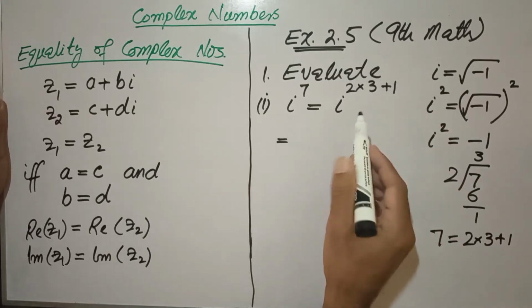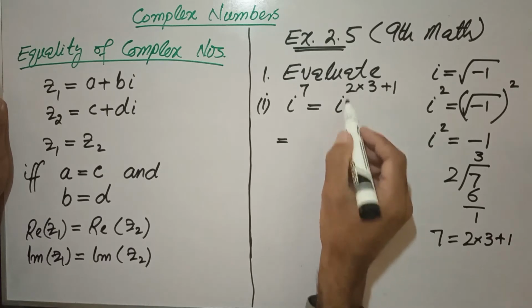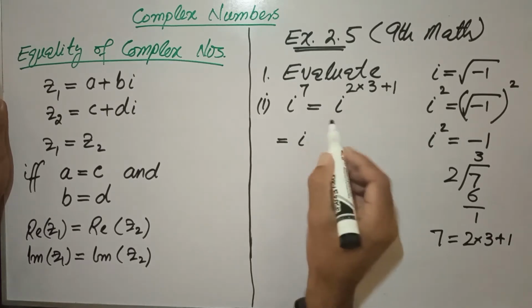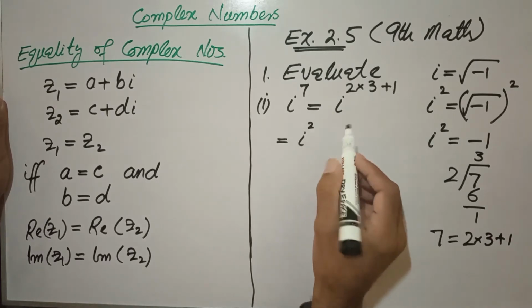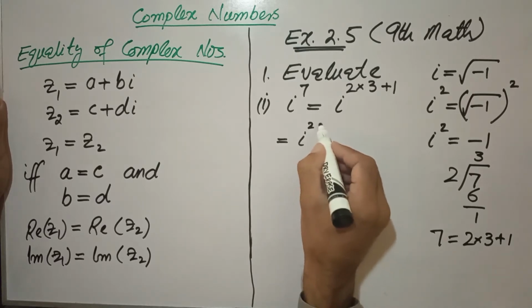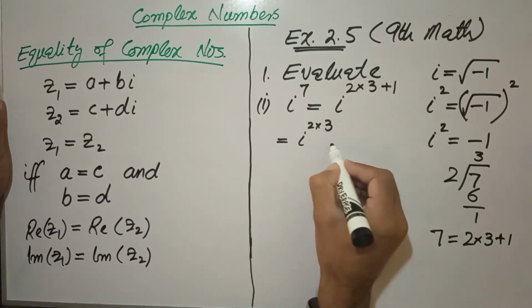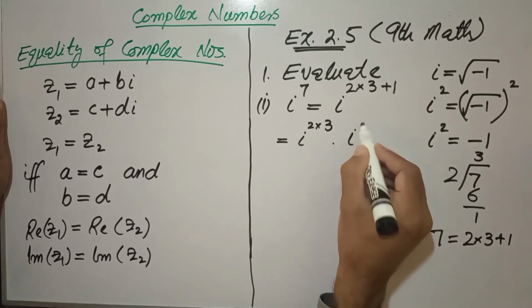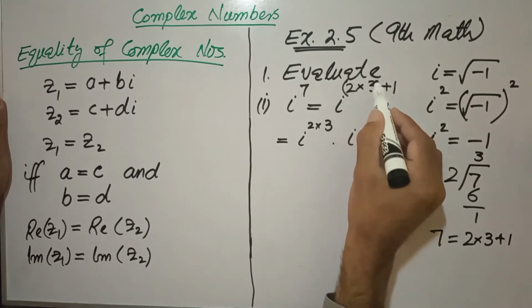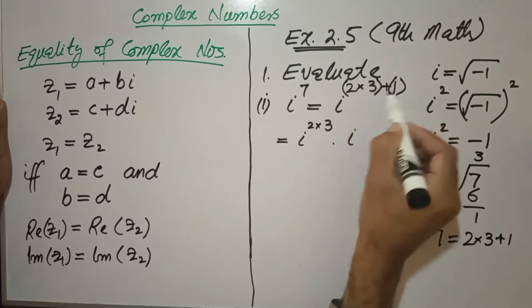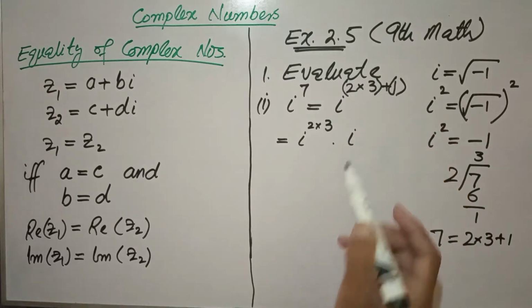Now using the power rules, we can write iota square into 3 and iota power 1. We'll split this in terms of 2 into 3 and 1.